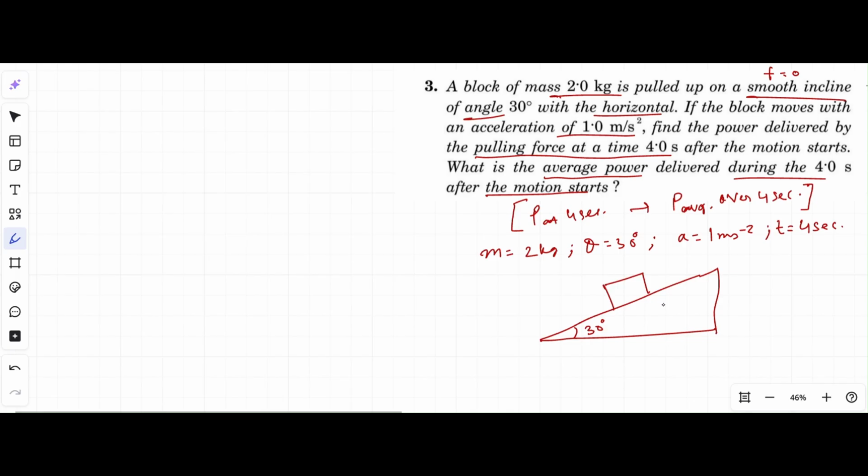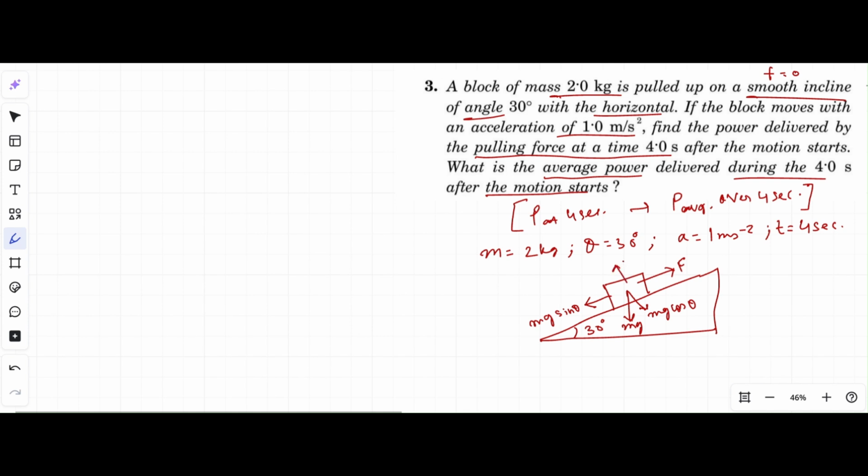A smooth incline means friction is zero, and since it is being pulled up, it will have some force this side. It will also have gravitational pull downwards, which will be mg cos theta perpendicular to the motion direction, and parallel to the motion direction will be mg sin theta.